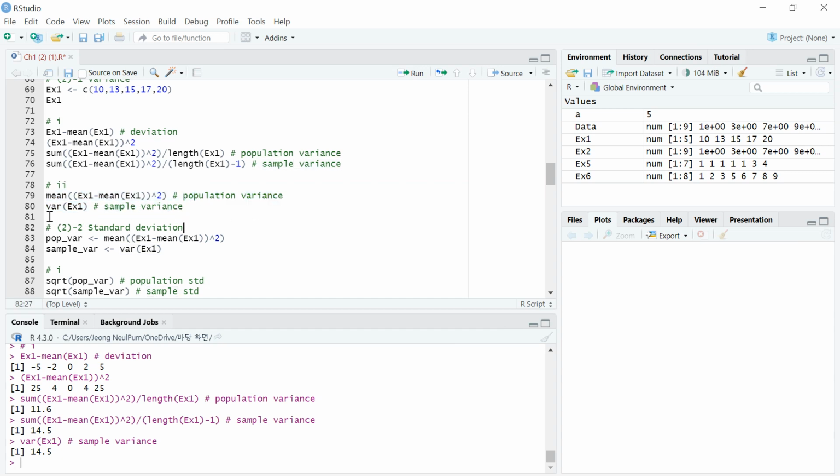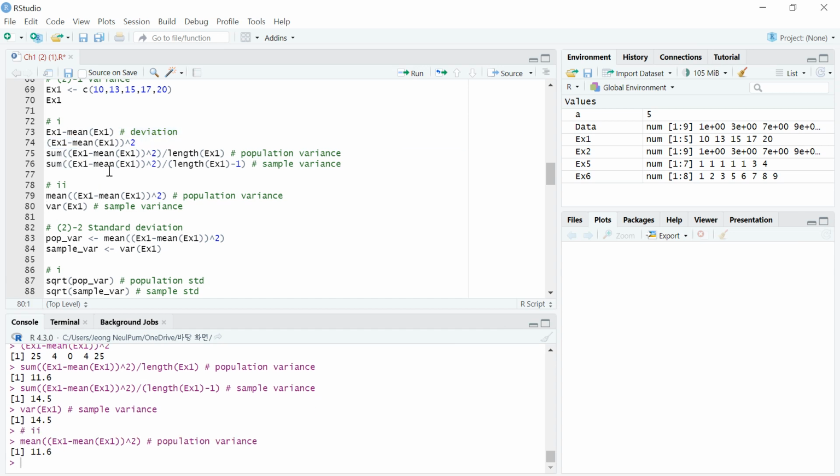So if we are dealing with a sample as our data, we can always use the variance function because it gives us the sample variance. However, if our data is about a population, we cannot use the variance function because it gives us the sample variance, not the population variance. So in that case, we have to get the population variance by our own hand, mathematically, or in our programming.